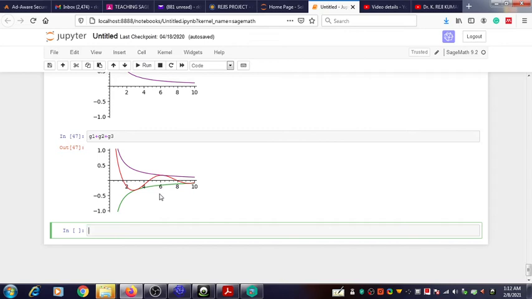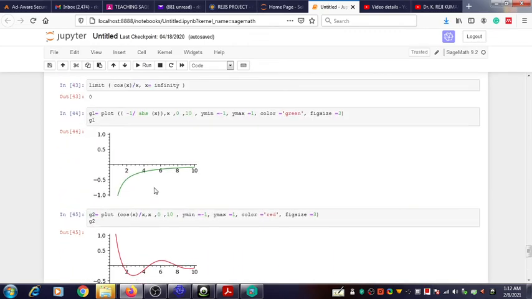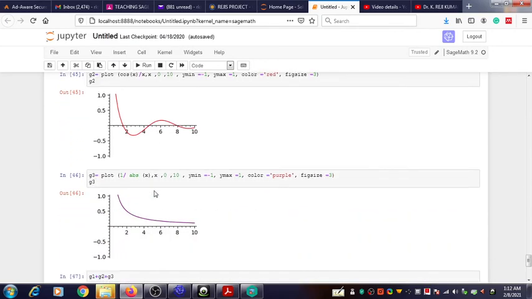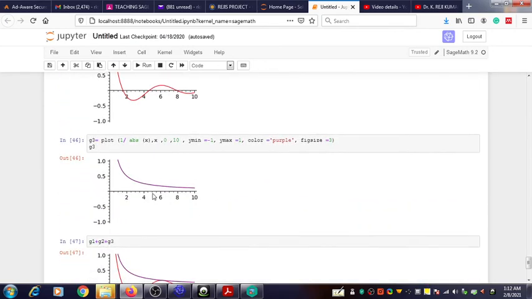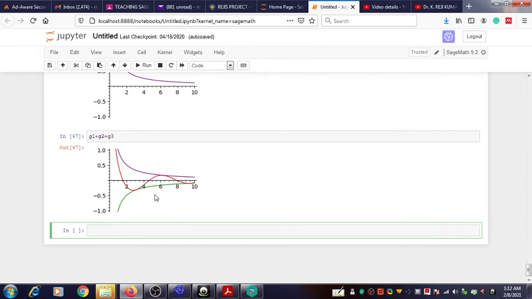As a result, the function cos x by x is squeezed by the first and the third functions, and both of these functions go to 0 as x approaches infinity.